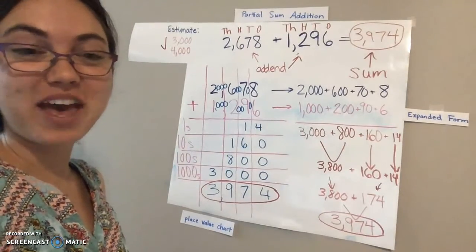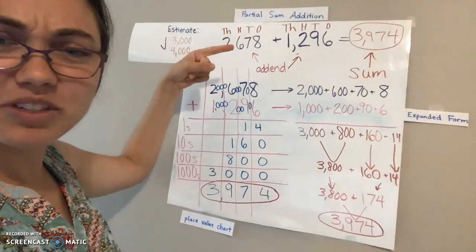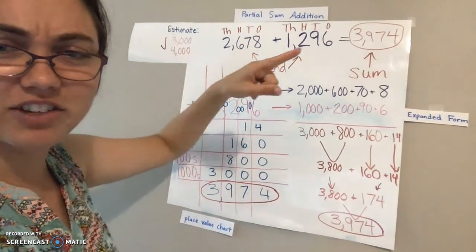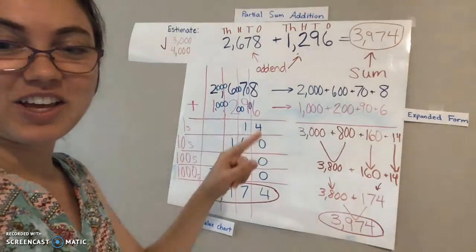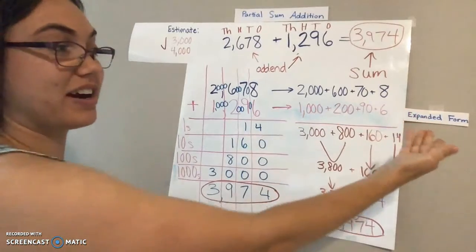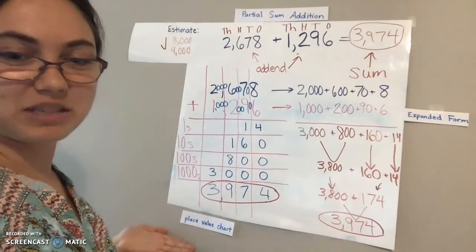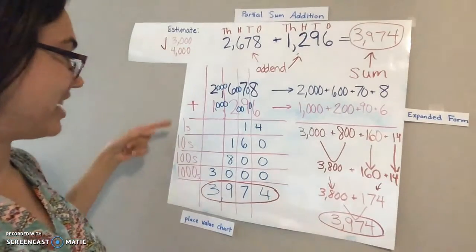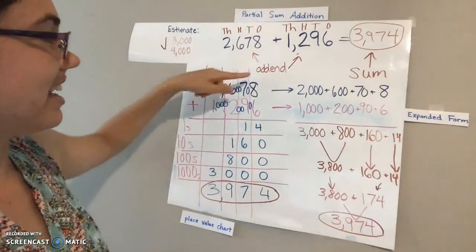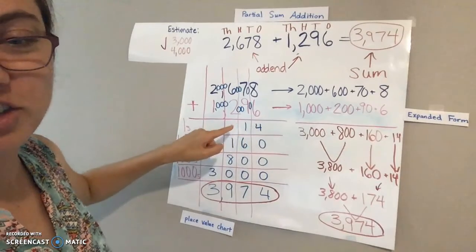So now you have 2 strategies for when we have these multi-digit addition problems with 2 addends and you have to find the sum. You can break them apart and decompose them with our expanded form, or you can use this place value chart, which has you make a row of ones, tens, hundreds, thousands, and then you think about how many you have, your value for each.